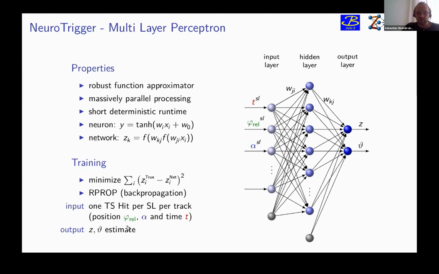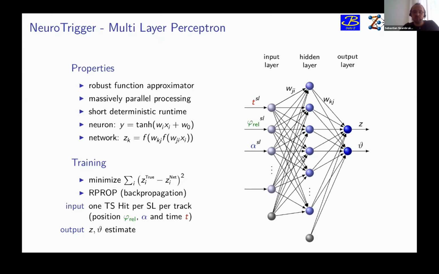Well, I will explain them on the next slide. It's 2 for the position information and the drift time. The output value of this neural network is just simply the scaled z and theta values, so the 3D track parameters of the single tracks that should be processed.